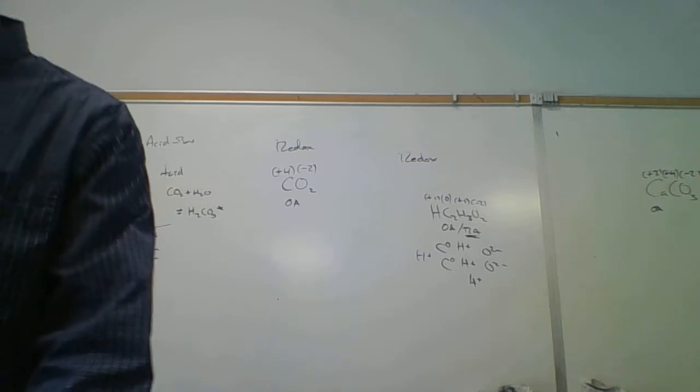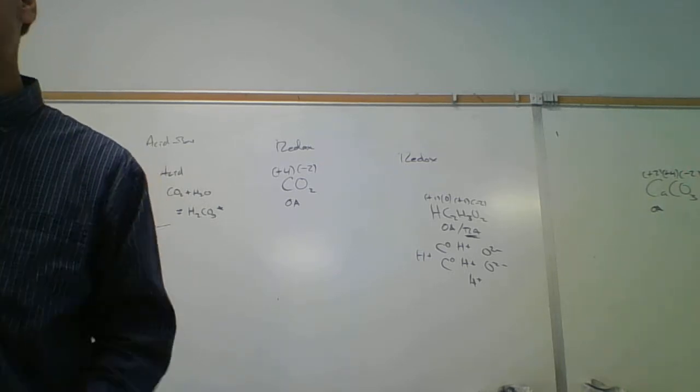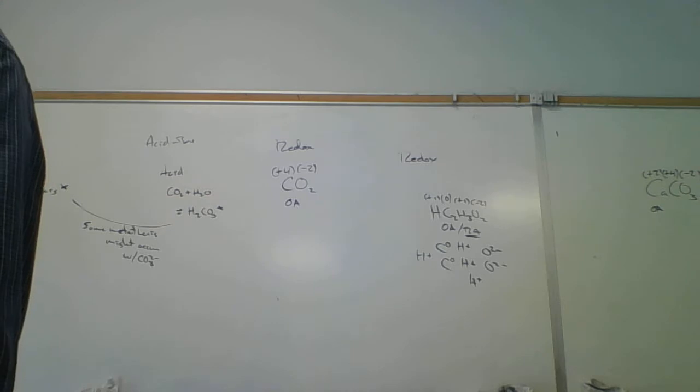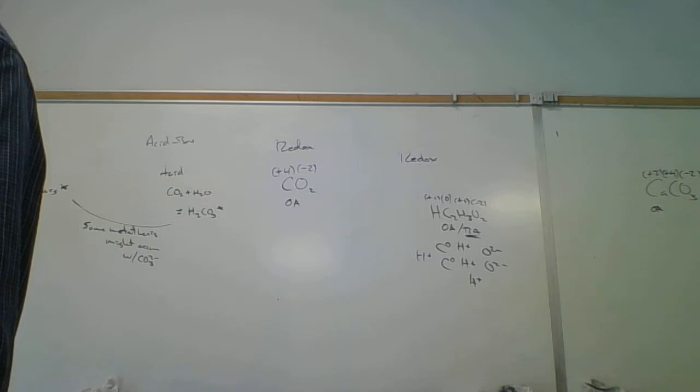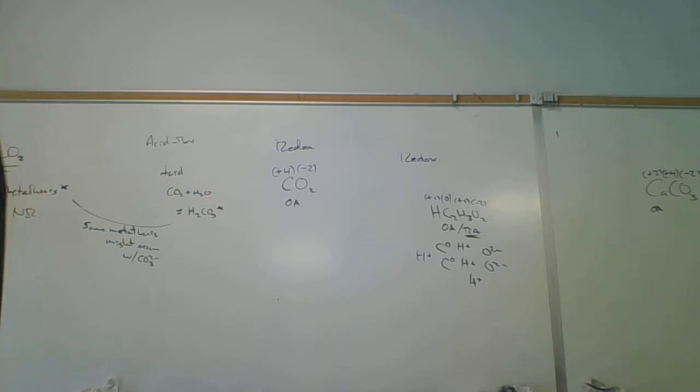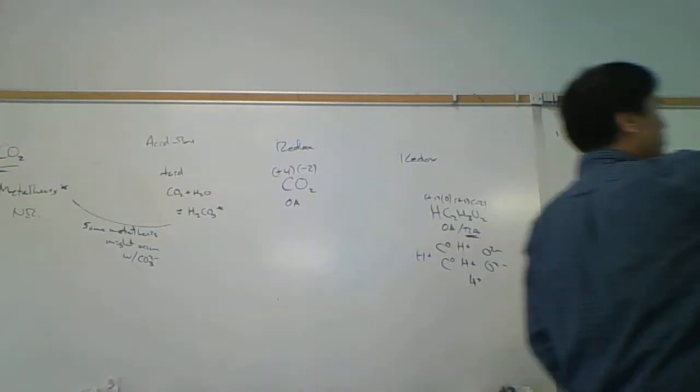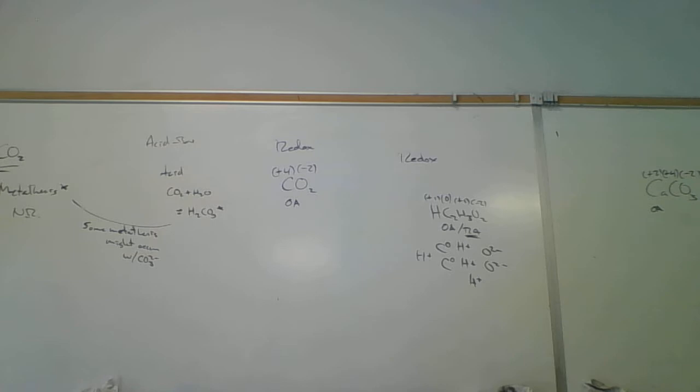In fact, it's kind of a weak oxidizer. CO2 is a weak oxidizer. If CO2 is a weak oxidizer, what can it react with? Well, it can only react with the powerful reducers. Now, what are the powerful reducers? If you were to sum up the powerful reducers in one word, what would you call it? The powerful reducers are?